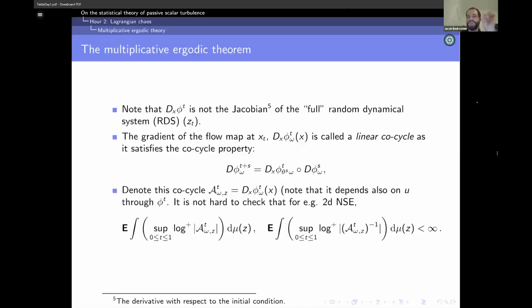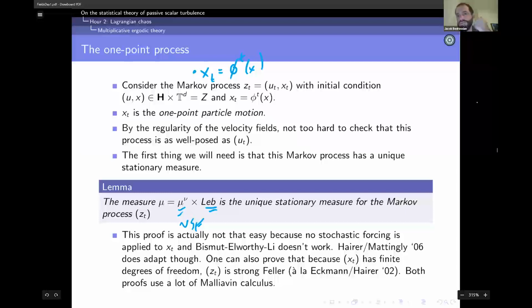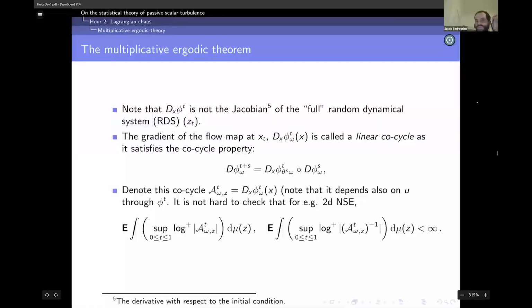the gradient of the flow map is not the Jacobian of the random dynamical system that we're talking about. What do I mean by that? It's not the derivative of z_t with respect to the initial condition, because z_t involves the entire fluid velocity field, and that we can't study yet. That's much harder, and also not what we're talking about. And so D_x phi_t is something that's actually more general than the derivative with respect to the initial condition.